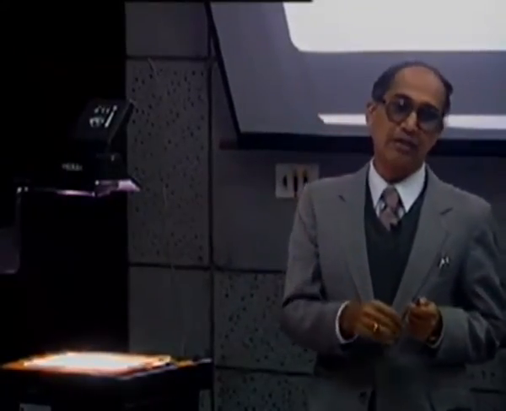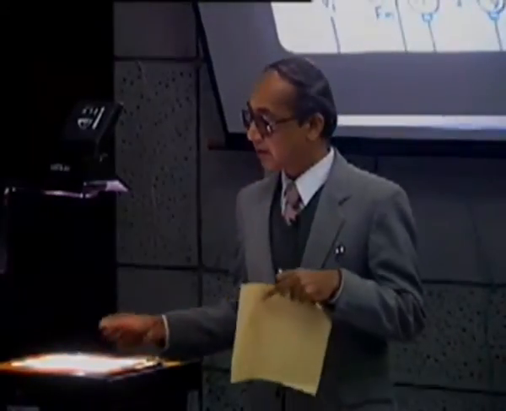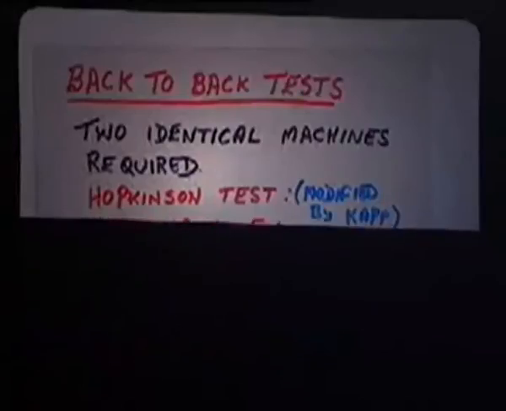Okay. So, this way we have now seen how different components of losses, primarily core loss, friction windage loss, I square R loss, can be separated and can be used for computing the efficiency of DC machines on load. Okay. Then we come to the last method called the back-to-back test.